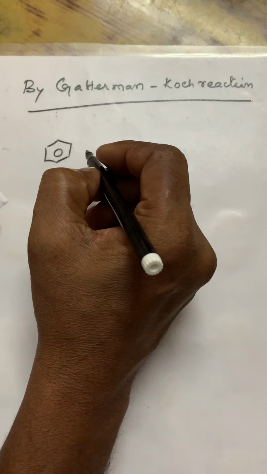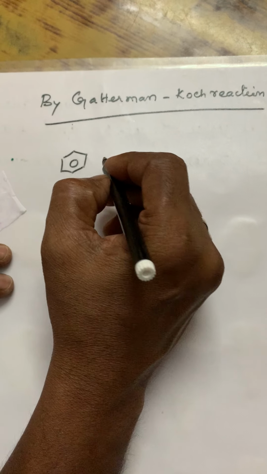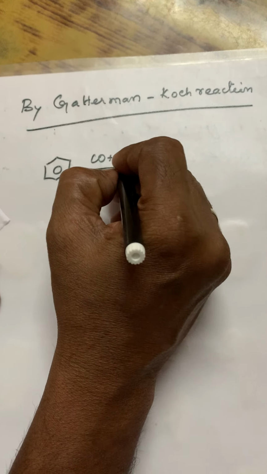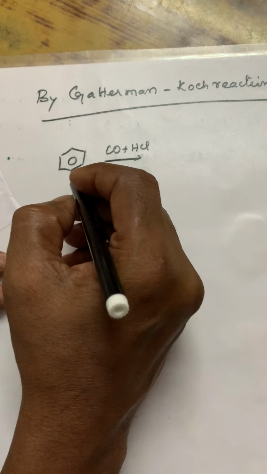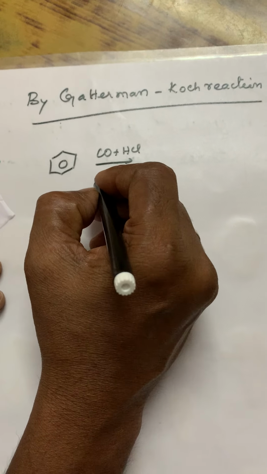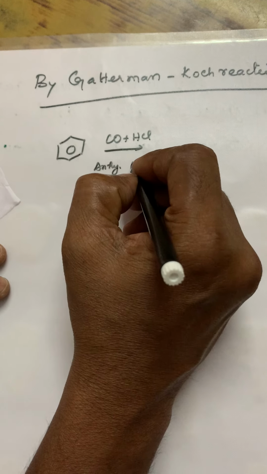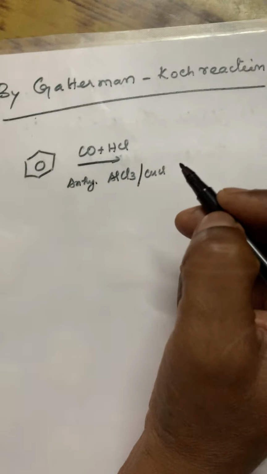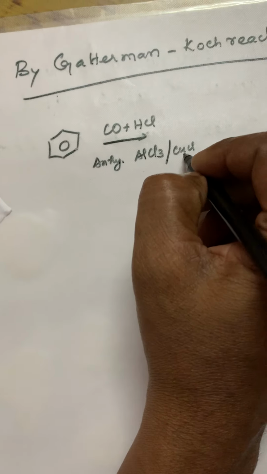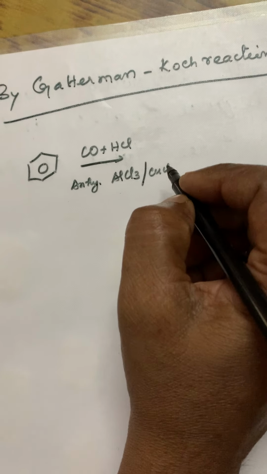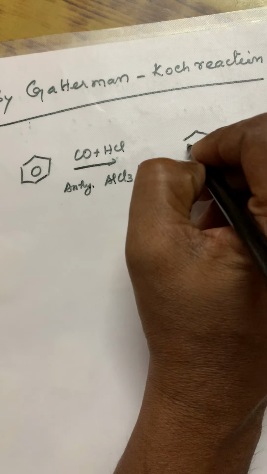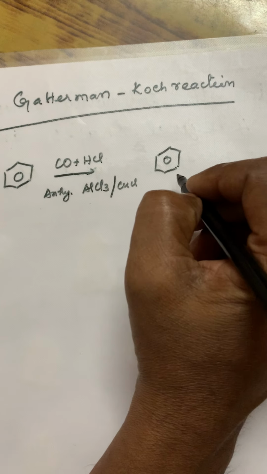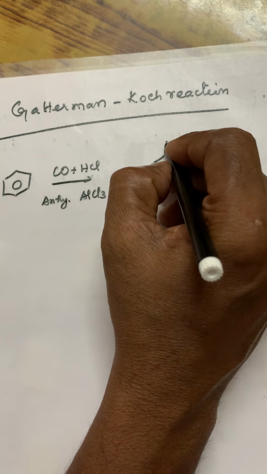Benzene is treated with carbon monoxide and hydrogen chloride in the presence of anhydrous aluminum chloride, or CuCl, cuprous chloride, followed by hydrolysis, it gives benzaldehyde.